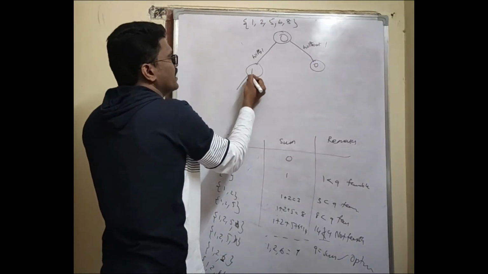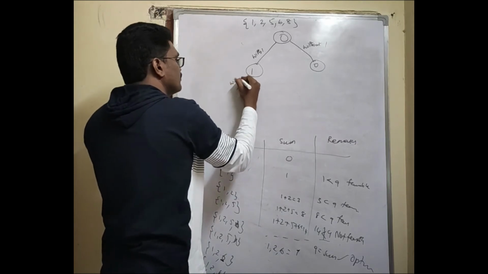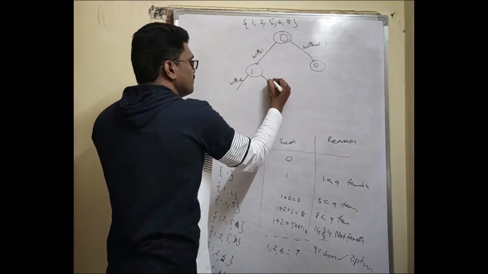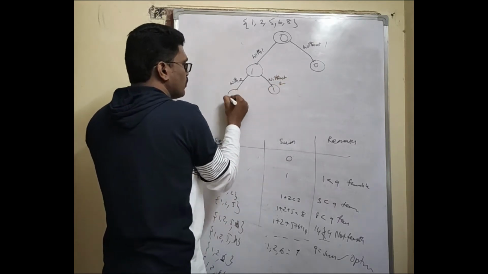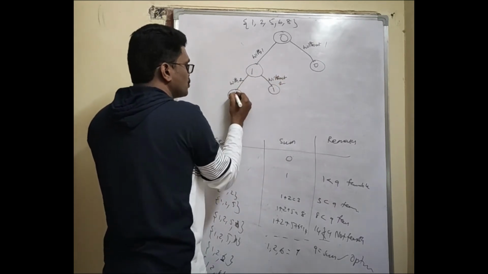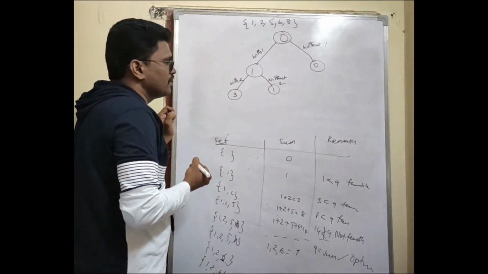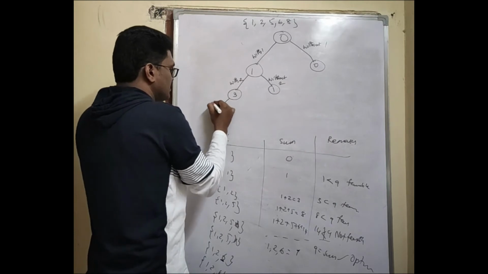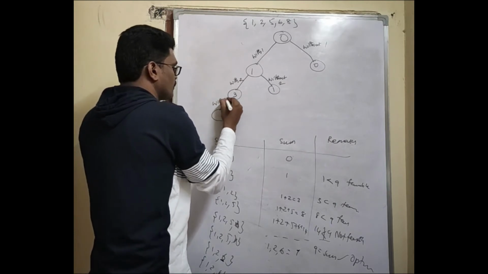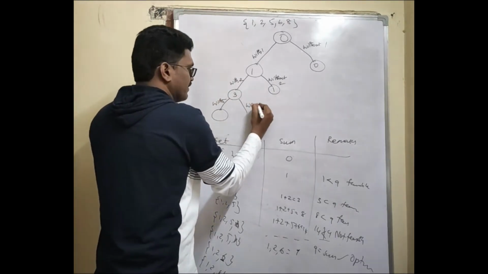After I take 1, I can go with 2: with 2, and without 2. Without 2 means the sum remains 1 only. With 2 means 1 plus 2, the sum becomes 3. Now from here, the next one is with 5 or without 5.